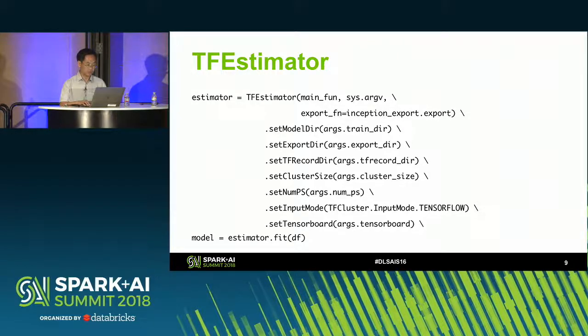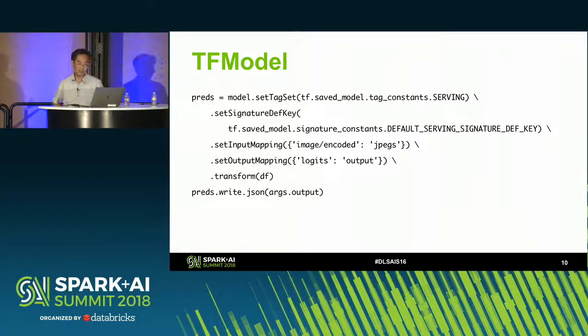So this will actually do the training in the TensorFlow cluster, and it will save your model as a checkpoint or saved model to disk, and that model class that gets returned allows you to then go do a transform. So once again, this model class is backed by your TensorFlow model on disk. We have some ML params for setting things like the saved model tag, the signature definition key, things like that, which are kind of defined by the TensorFlow saved model format.